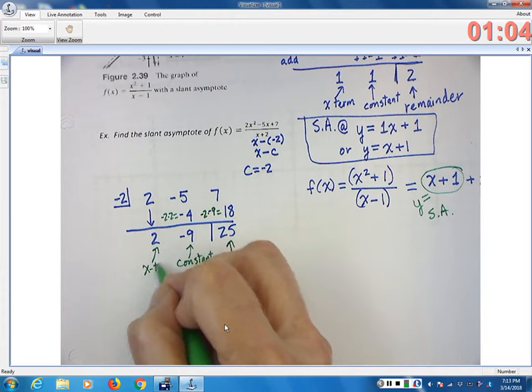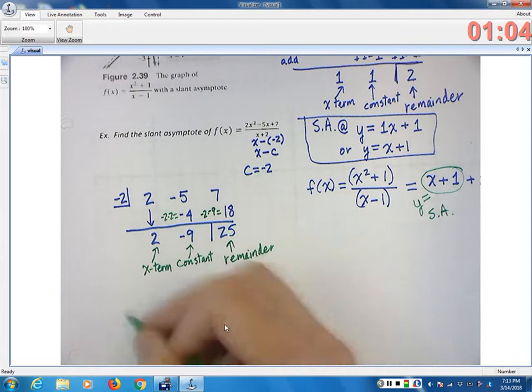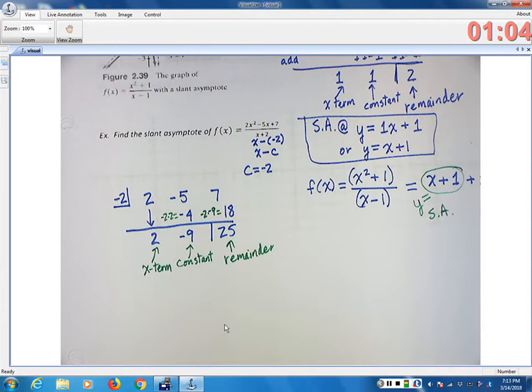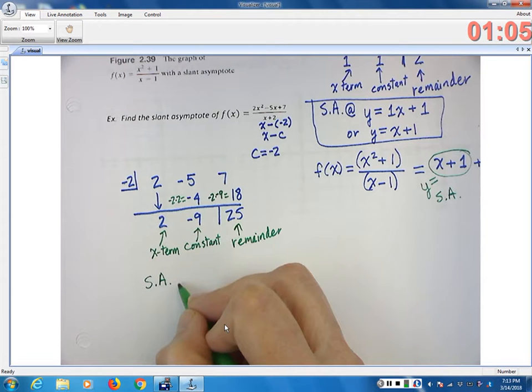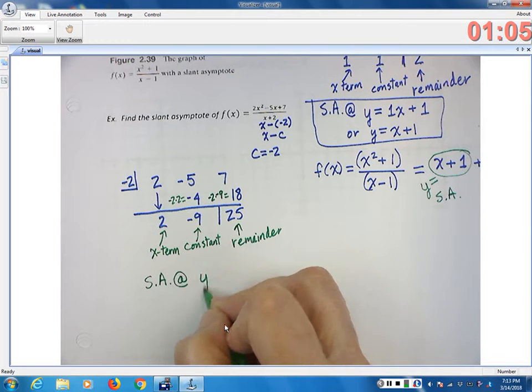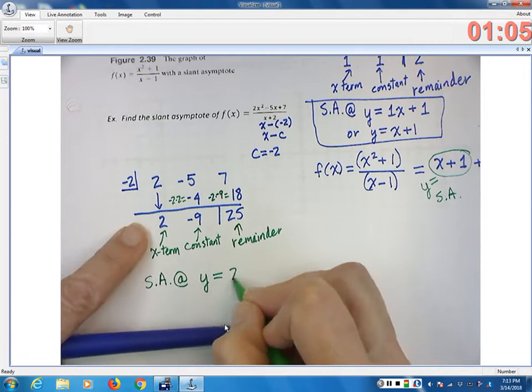And this is the kind of problem you'll see on a test. It won't be x cubed, or we won't be dividing by something squared. So the slant asymptote is y equals 2x minus 9.